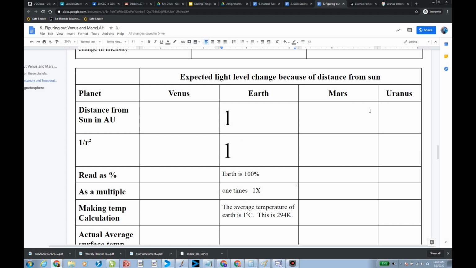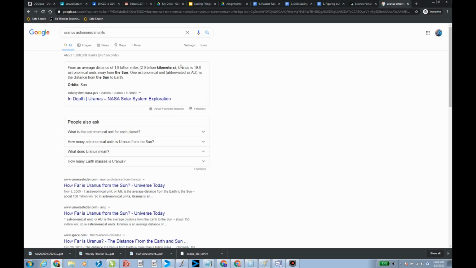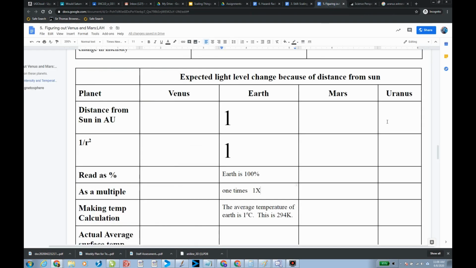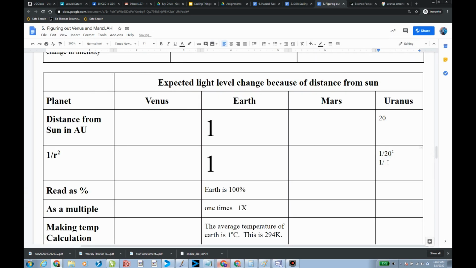What about Uranus? If you look up Uranus, its distance is 19.8 astronomical units. So Uranus is basically 20 times further away from the sun than we are, and the law would predict 1 over 20 squared, which is 1 over 400.